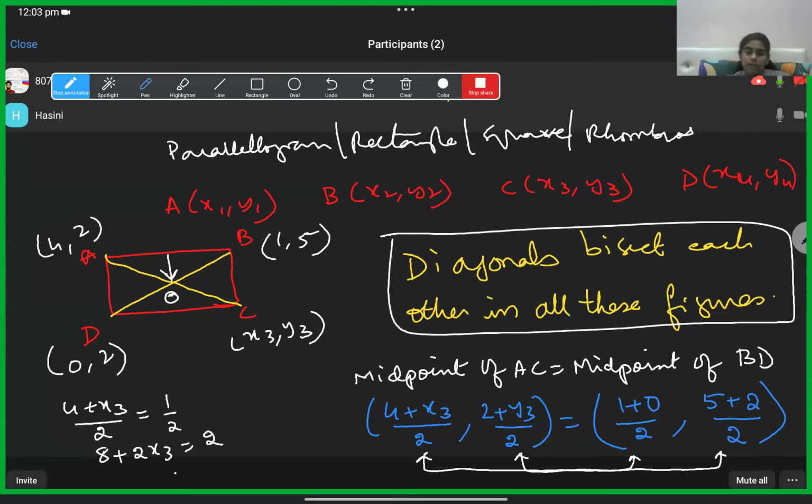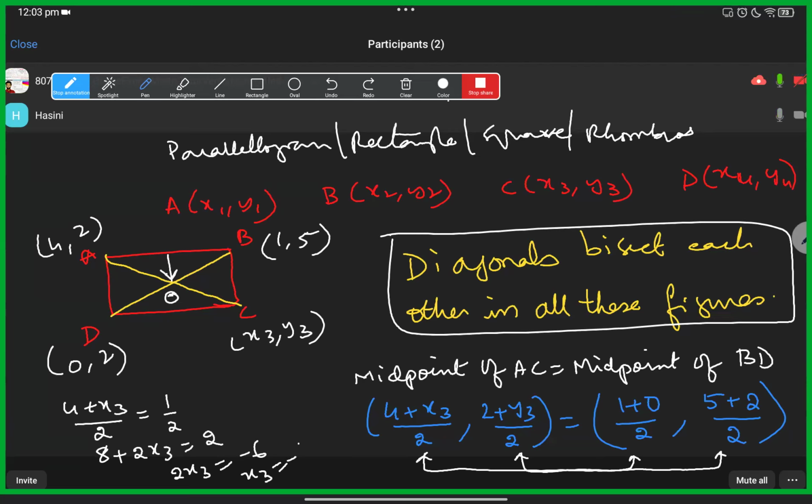So 2x3 is equal to 2 minus 8, which is minus 6. So x3 is equal to minus 6 by 2, which is minus 3. So x3 we got.